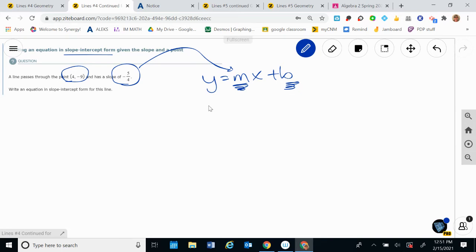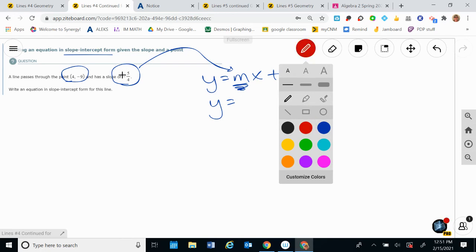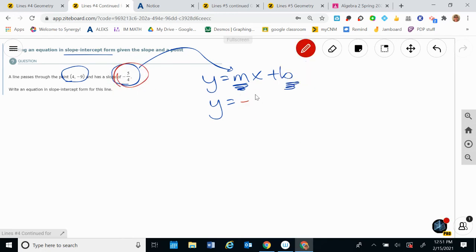Plug it in. Y is equal to, and they gave you the slope. It's right here. -5/4 x, but they didn't give you b. No, you can't plug that in. That is not b. Okay, so the question is, you need b.